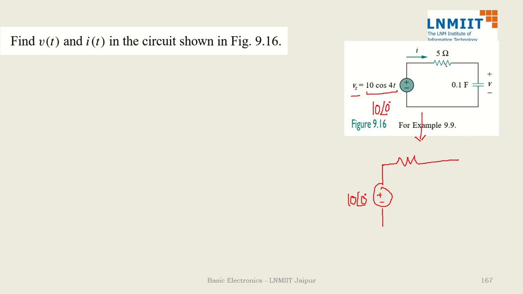This is 5, so the resistor impedance will be the same, and the capacitor impedance is given by 1 by j omega C. That means 1 by j times omega, which is 4 into 0.1, that means 0.4, so 2.5 divided by j, or minus 2.5j. So the impedance is minus 2.5j.